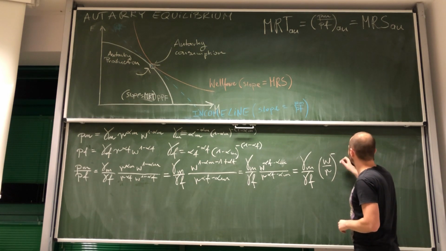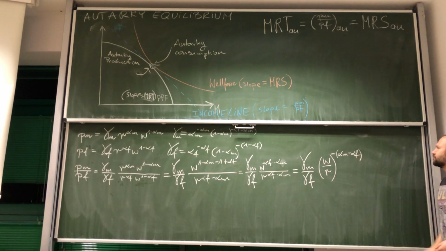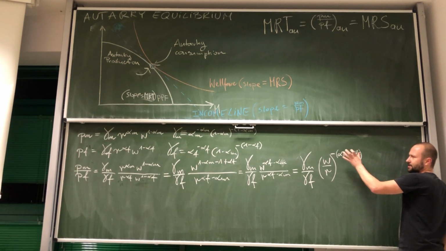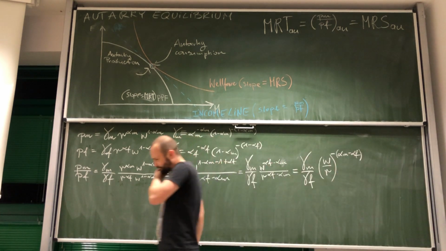We're going to have to the power negative alpha m minus alpha f. We like to have it in this way because we know that then this is a positive fraction and we have minus up front.